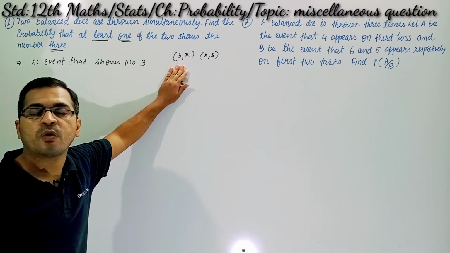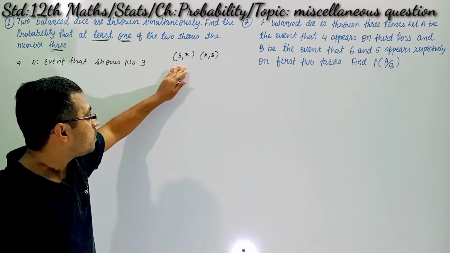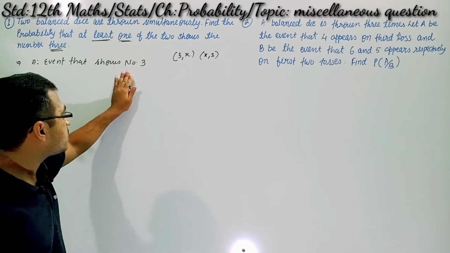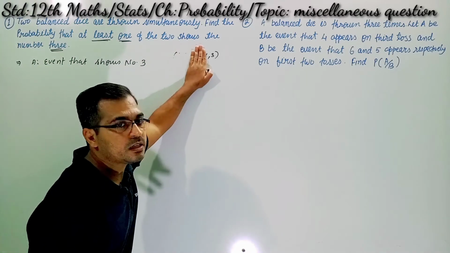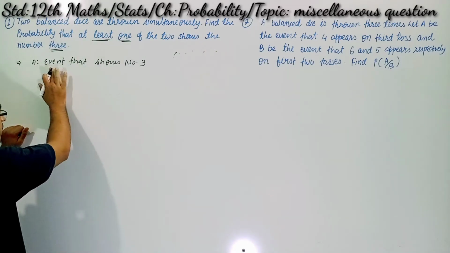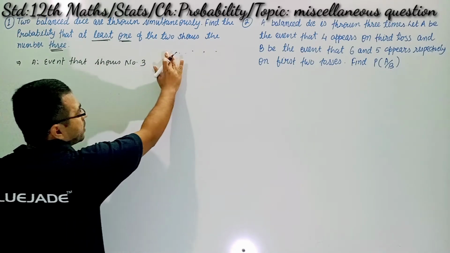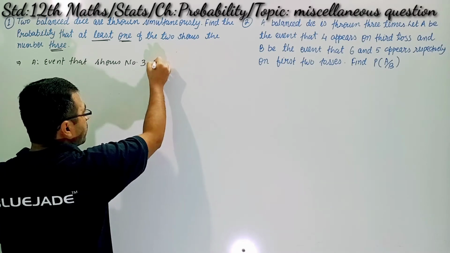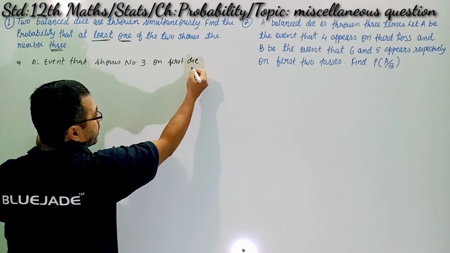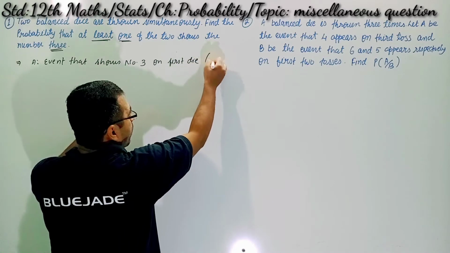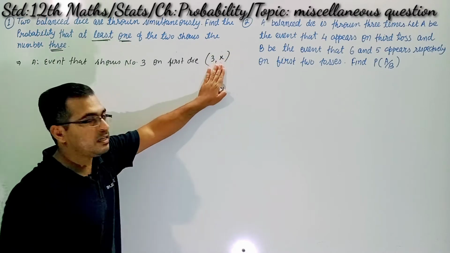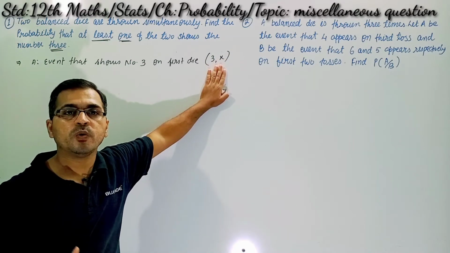Any integer from 1 to 6. So the first event A is that it shows number 3 on the first die. The outcomes may be in the form of 3 and x, where x is an integer from 1 to 6.